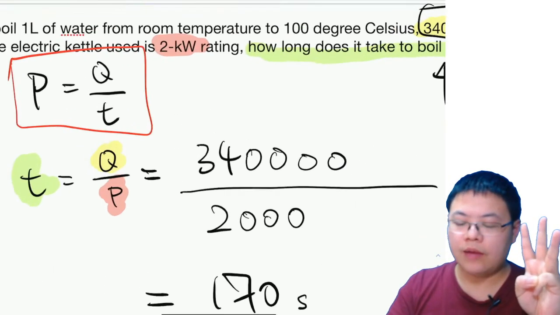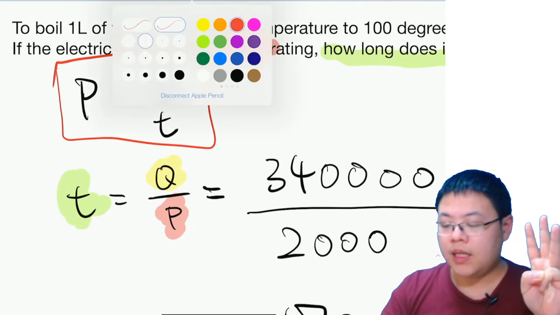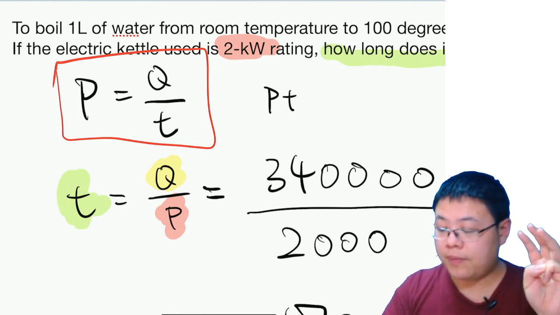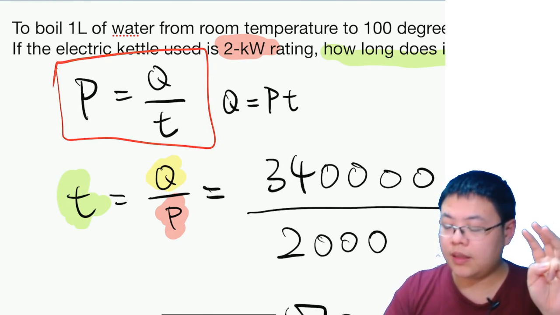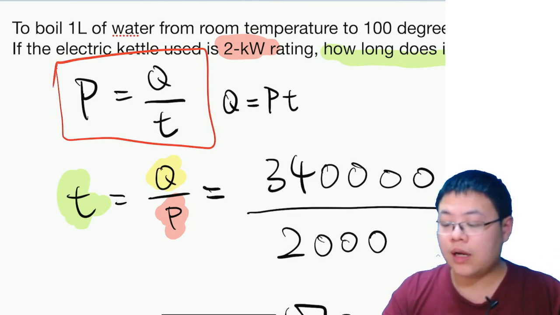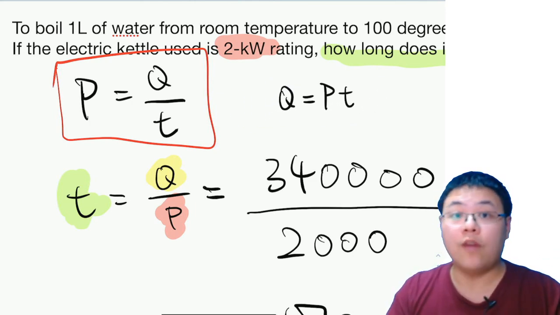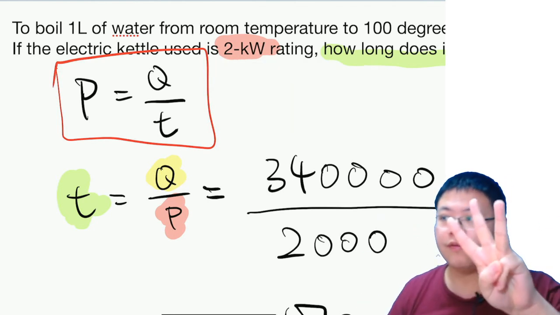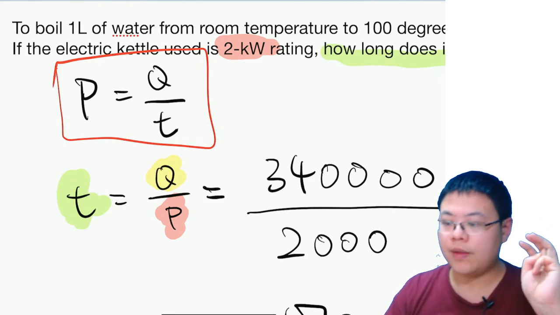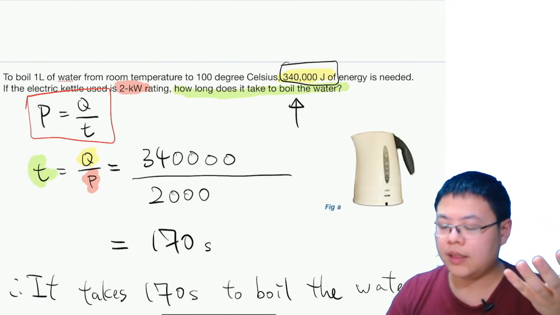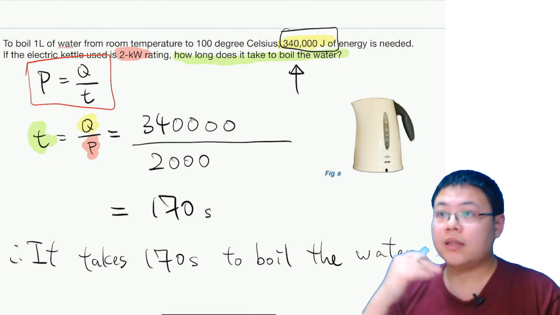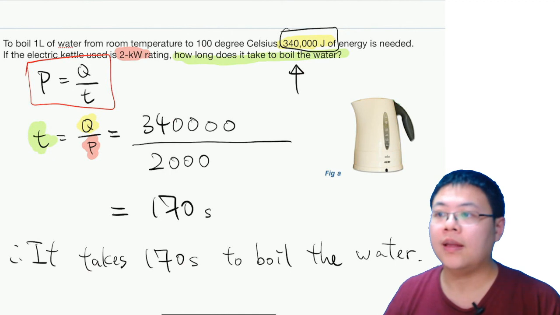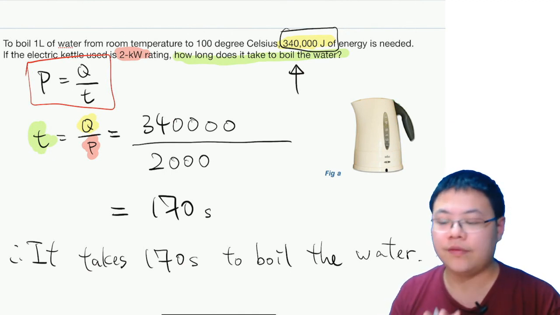For example, I will say P equals Q divided by T, and power times T is equal to Q. These two are the same equation, just in different forms. And from chapter 1 to chapter 4, there are only 3 important equations. This is the first one. And now you can already understand how it works. You just write the equation out and then change the subject and then do the calculation. That's it. Very simple. Okay.